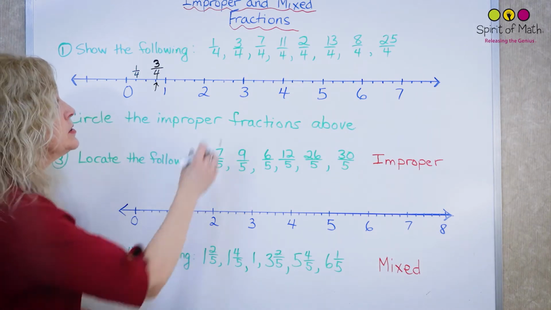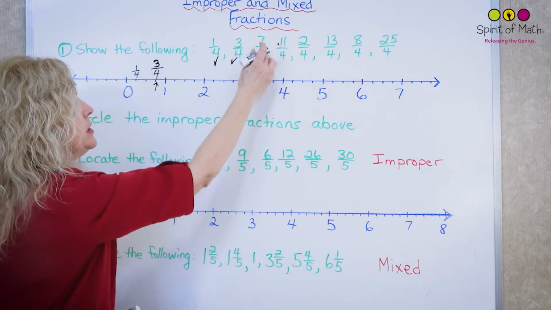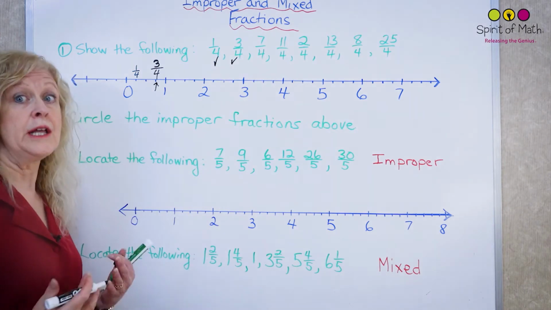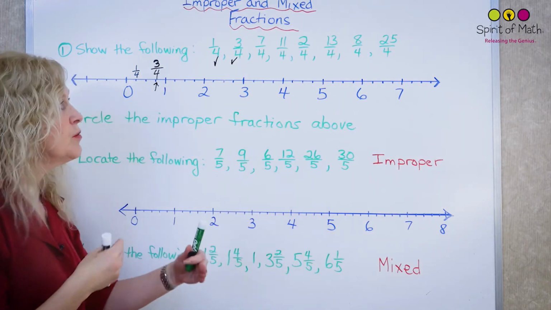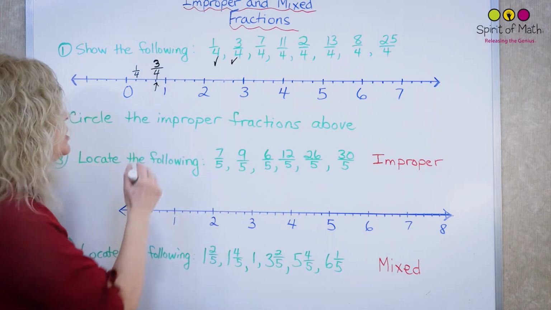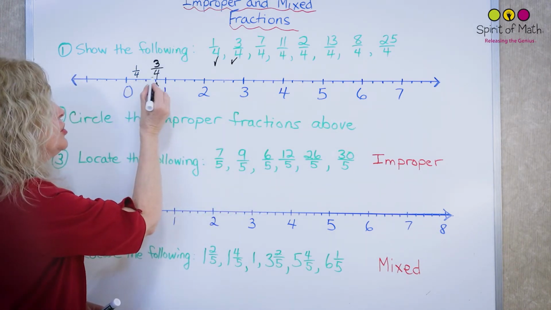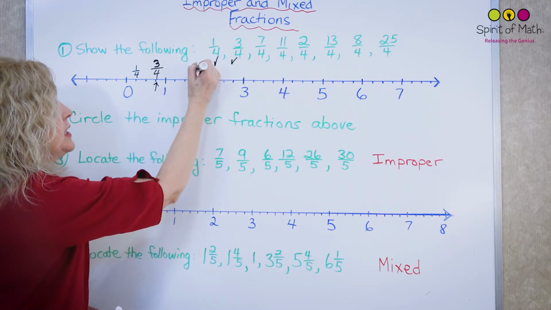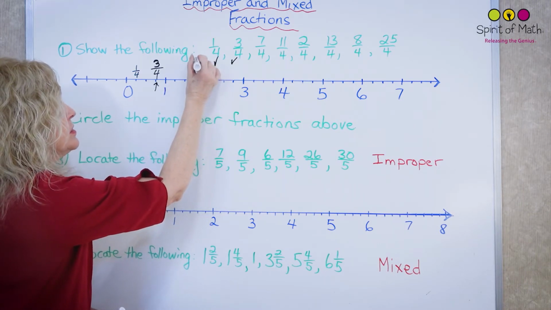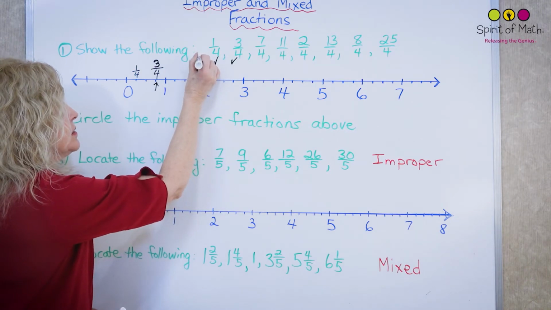Okay, now the next one, so we've got those two. The next one is 7/4. Let's start at 0 again because it's the distance from 0 to 7/4 away in the positive direction. So 1, 2, 3, 4, 5, 6, 7. This is 7/4 right here.